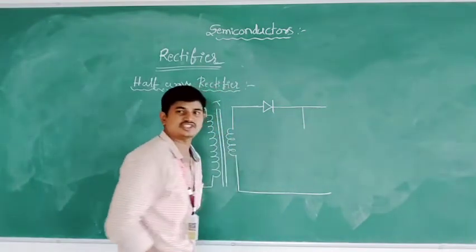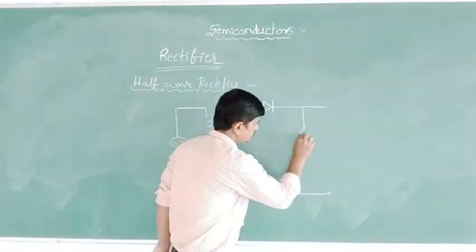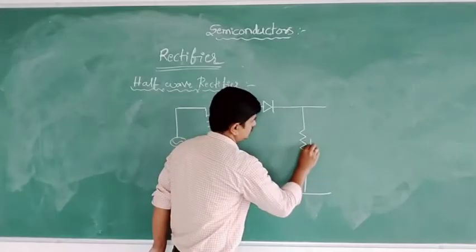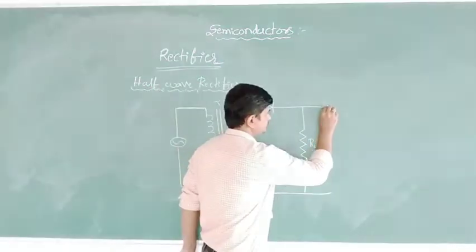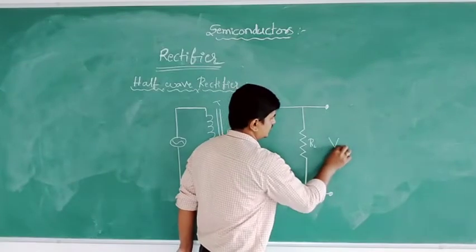A load resistance is connected in series with the diode. This is the load resistance. Finally, this is the output voltage.